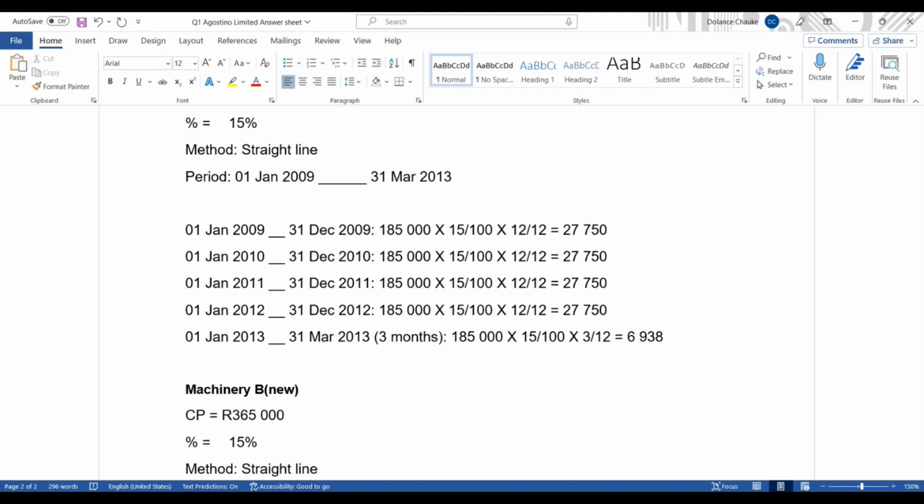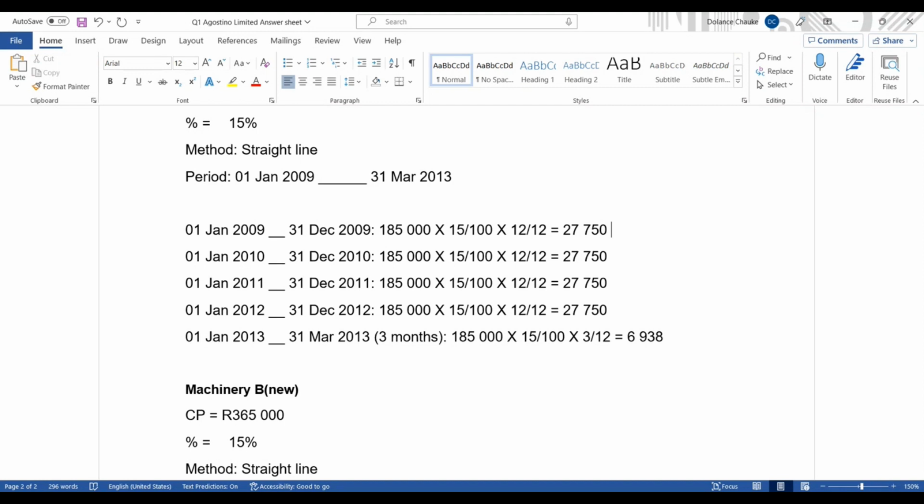So the accumulated depreciation is going to be 0 plus 27,750. Am I clear? So at the end of the 31st of December 2009, we are going to have an accumulated depreciation of 27,750, because accumulated depreciation means depreciation at the beginning of the year plus the following year.